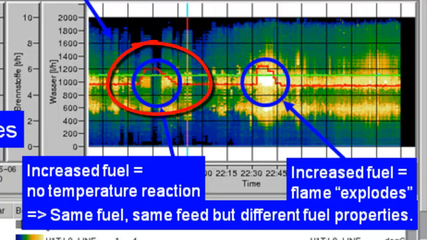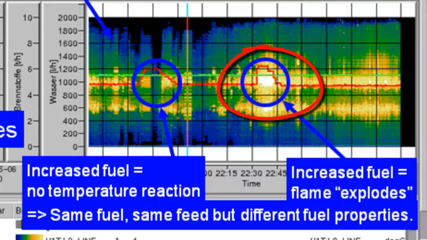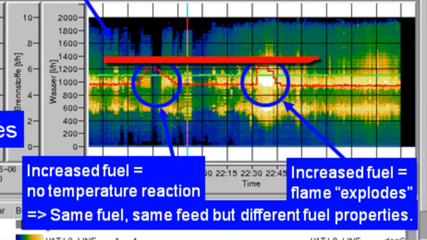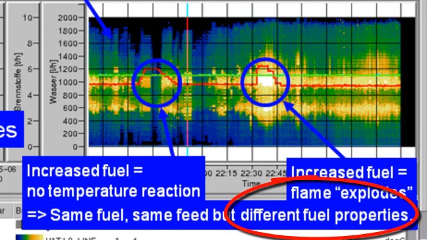This is clearly shown by the polylines. Later on, he increased the fuel feed and the flame really explodes. And he made almost the same level of fuel feed increase, so there is a clear indication of a different fuel property, which you can only see from the polyline.